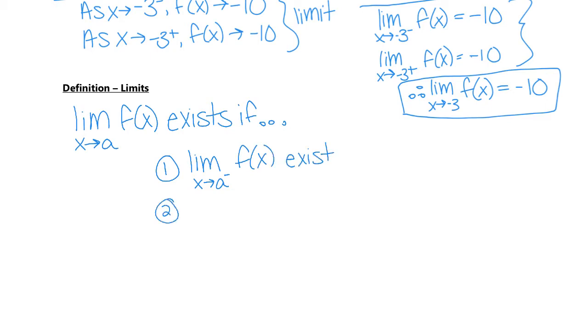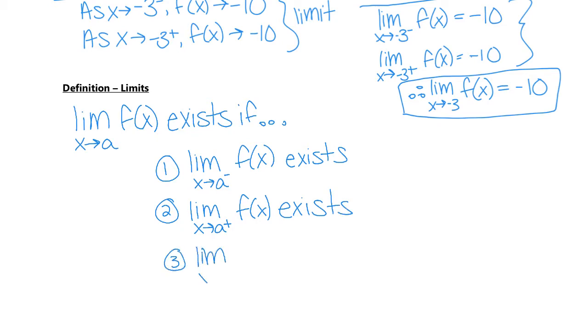Number two, the limit as x approaches a from the right also has to exist. And number three, the limit as x approaches a from the left of that function f of x equals the limit as x approaches a from the right of that function.